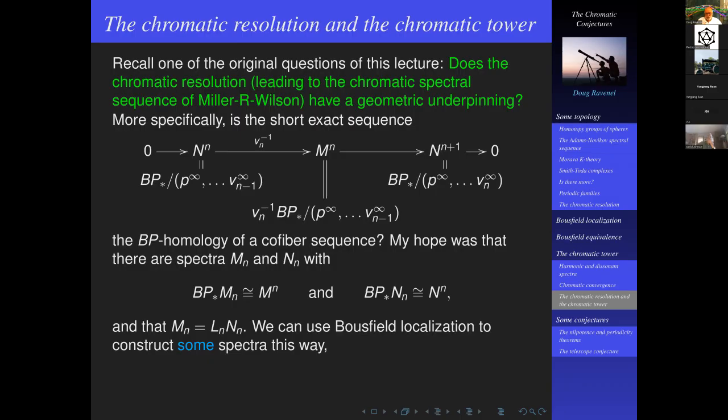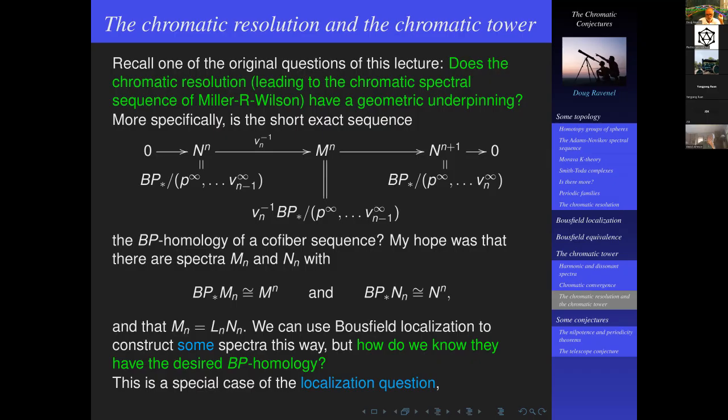Now, we have these Bousfield localization functors, so we could use them to construct something in this way, but how do we know that they have the right BP homology? In other words, how do we calculate the BP homology of these things? This is a special case of the localization question, which was how to describe the BP homology of Ln of X in terms of that of X itself.